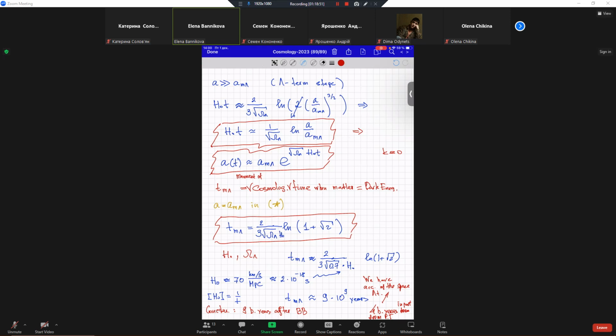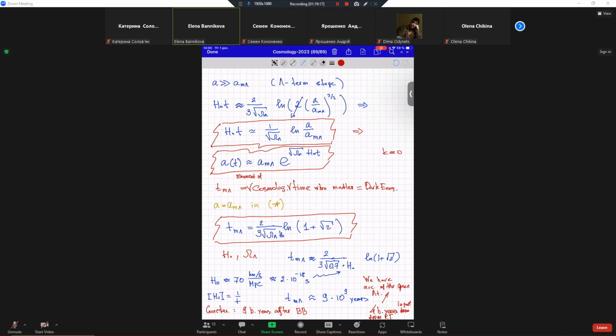Why? Because up to this time, the large scale of the universe was formed, and also were formed the galaxies, groups of galaxies like this. So the general structure of the universe was already ready in the sense of what we can see now.